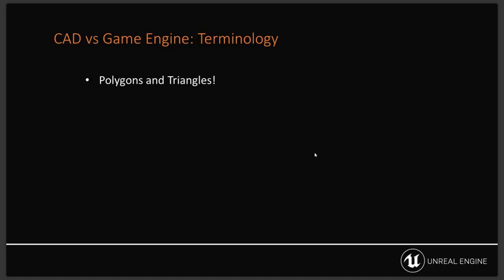Most packages have a way to tessellate or export polys or tris in one way. But it needs to be accurate, right? We need to have something that's going to properly represent the CAD design, the accuracy of those curves, for example. So in a game engine, that's always been a bit of a battle, taking that dense CAD data, dense in the sense that once it's translated to polys and tris, it can be very, very big, something that's not going to perform well in a game engine.